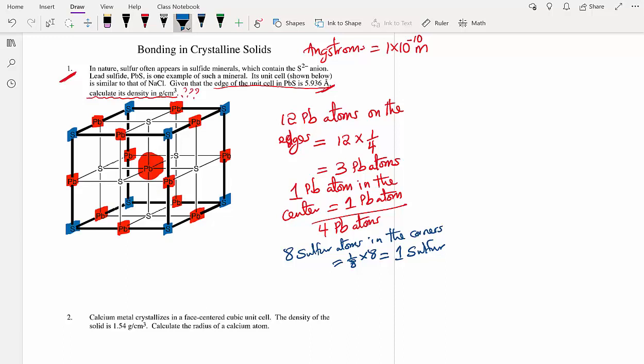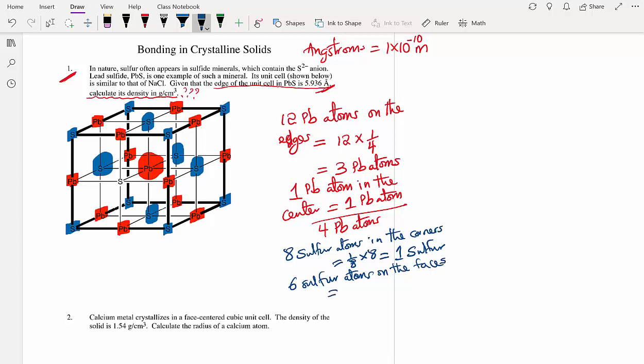If you look carefully, you will see that we also have other sulfur atoms on the 6 faces of the cube. So, 6 sulfur atoms on the faces.